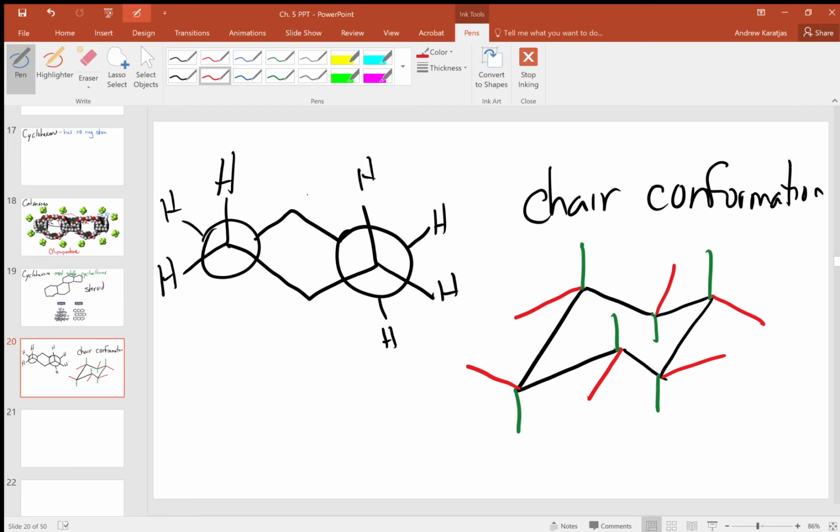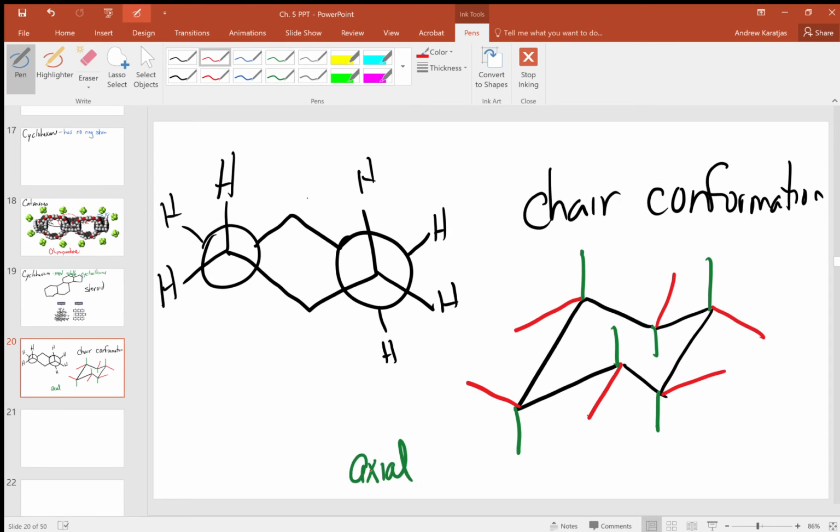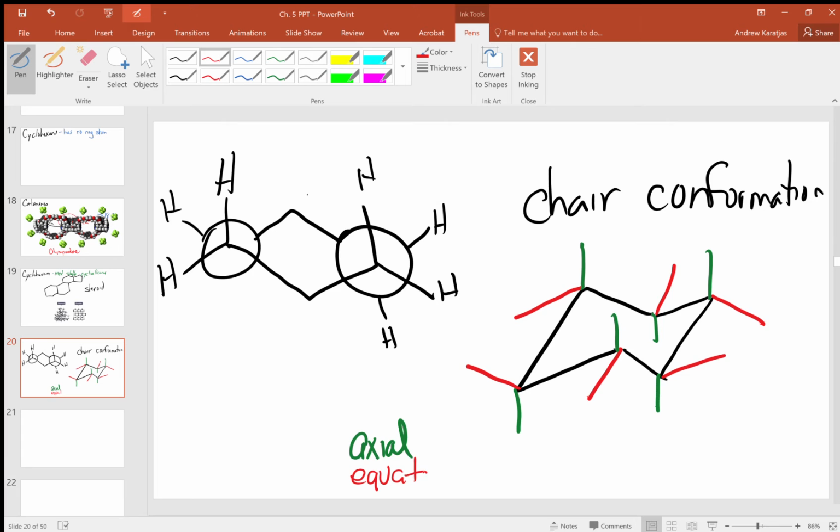Now we have names for each of these groups. The ones that I've put in green are known as axial, and the red ones are referred to as equatorial. And if you're trying to get your angles just right, you might notice that this bond, for example, is parallel to this line.